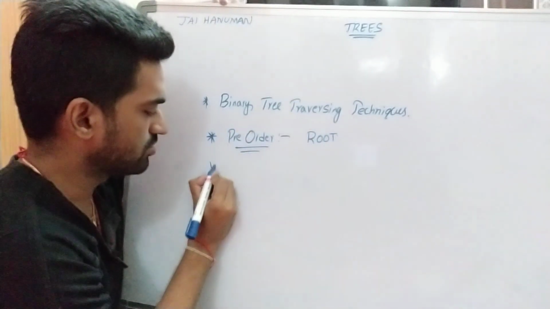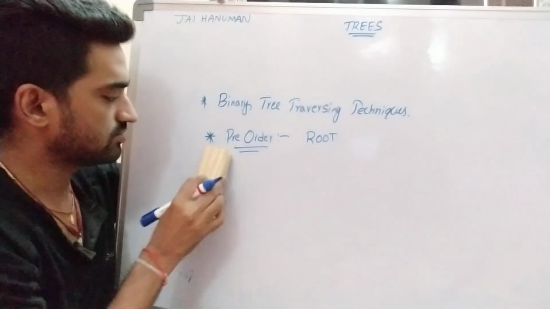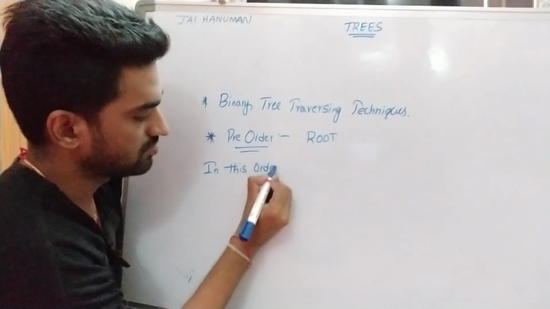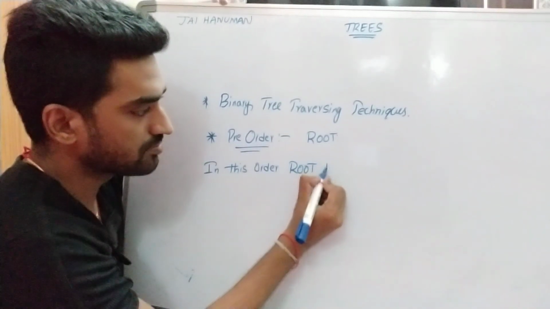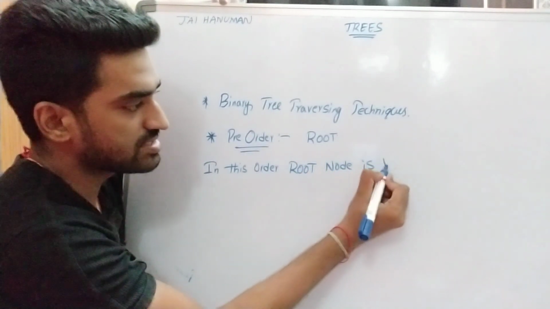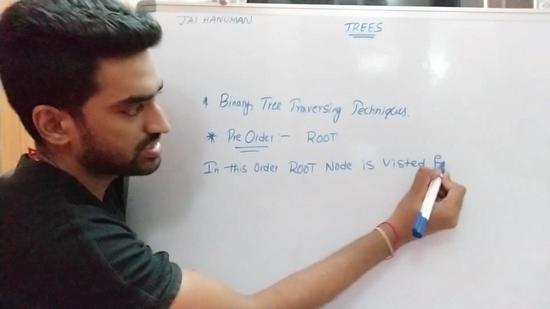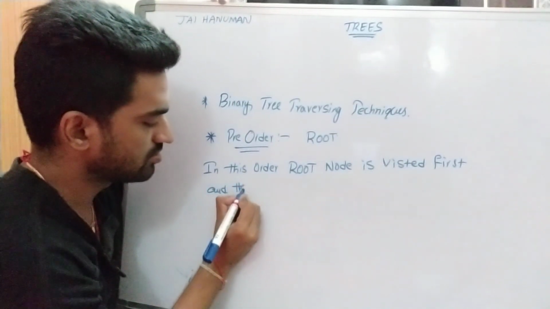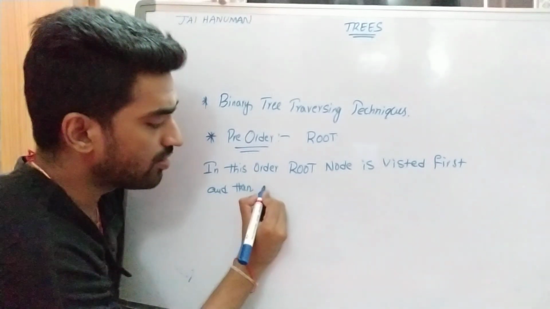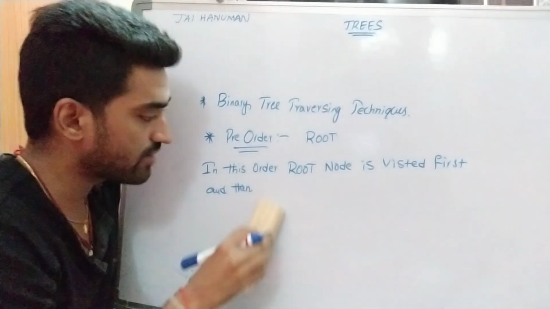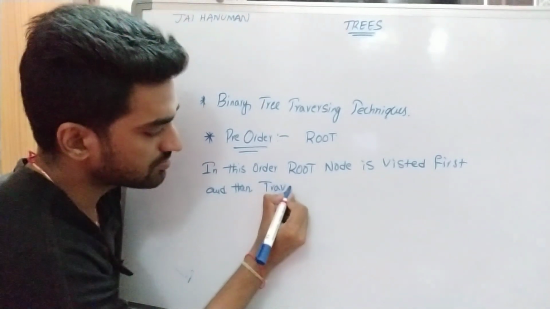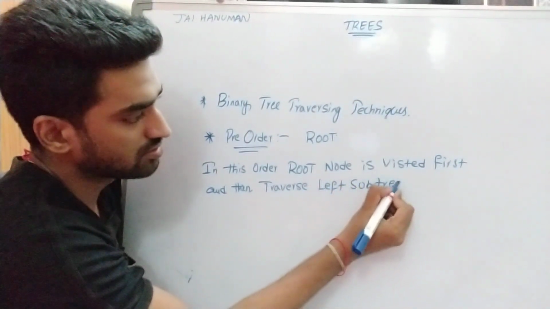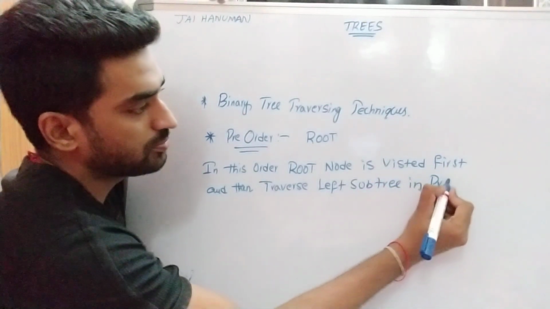In this order, the root node is visited first, and then we traverse the left subtree in pre-order.